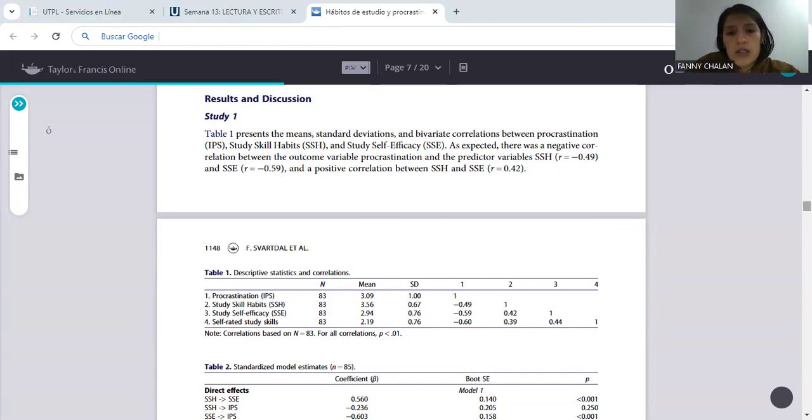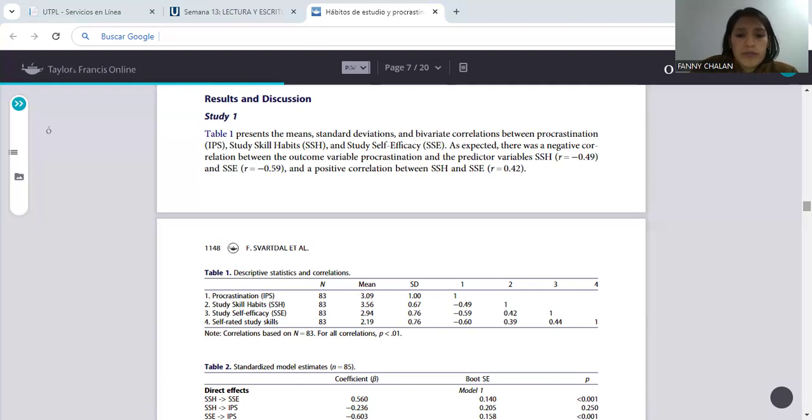This section presents what was discovered and then interprets it. The results of the study indicate that the overall model fits well with the data collected, supporting the relationship between study skills habits, study self-efficacy, and academic procrastination. The direct relationship between study habits and study self-efficacy was found to be significant and positive, suggesting that greater study ability is associated with greater study self-efficacy, and in turn a reduction in procrastination.